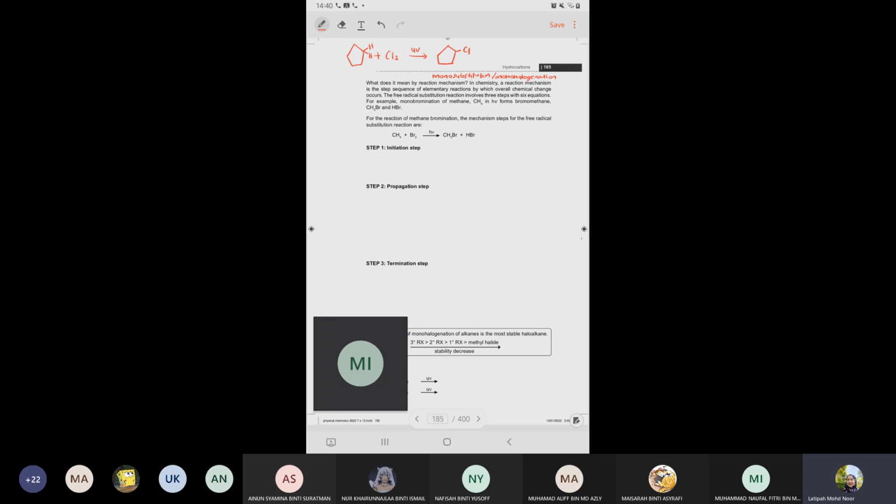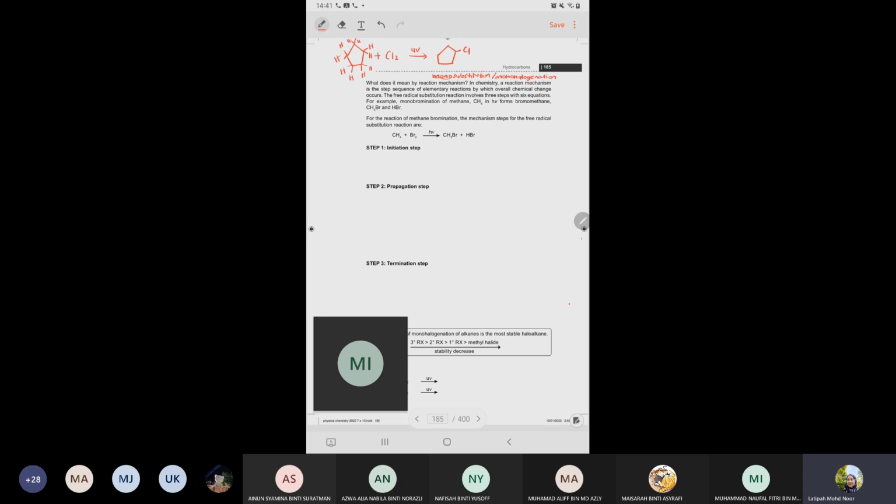Okay, monohalogenation. Kenapa monohalogenation? Usually in the question, you will not be asked to substitute all the hydrogens. So, dekat dalam cyclopentane, kita ada berapa hidrogen? Kita kira lah. 1, 2, 3, 4, 5, 6, 7, 8, 9, 10.